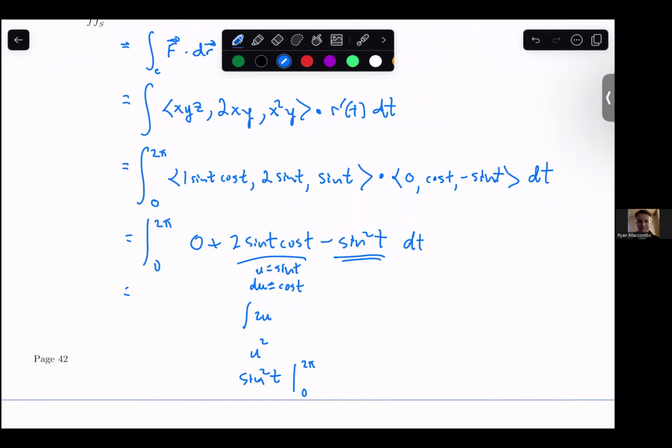So again, all of these same steps, and we get negative pi. So our final answer at the end of the day is going to be 0 plus negative pi, or that's just going to give us the negative pi.